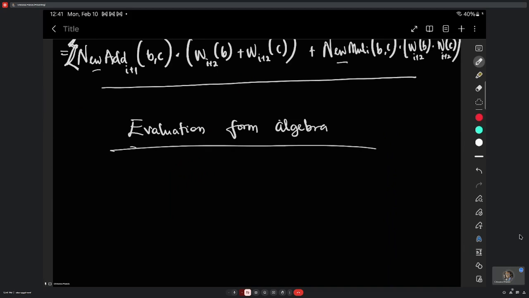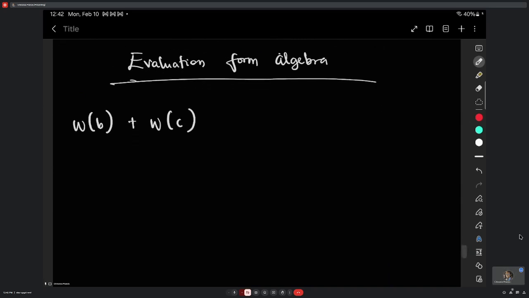Evaluation form. Okay, so let's just look at WB plus WC. These are two different polynomials. Can we actually add them?